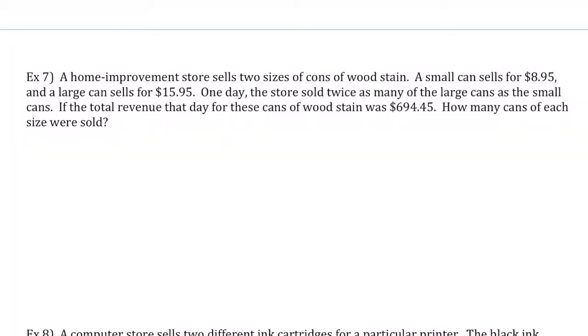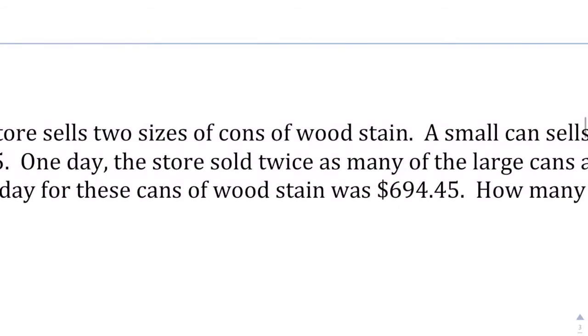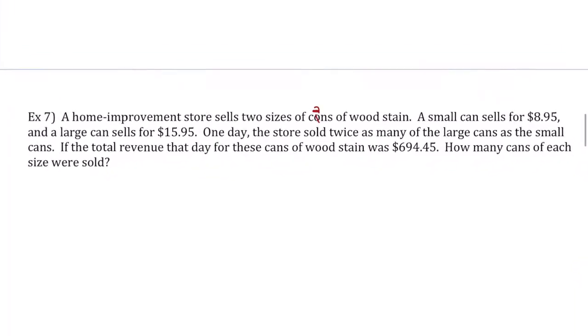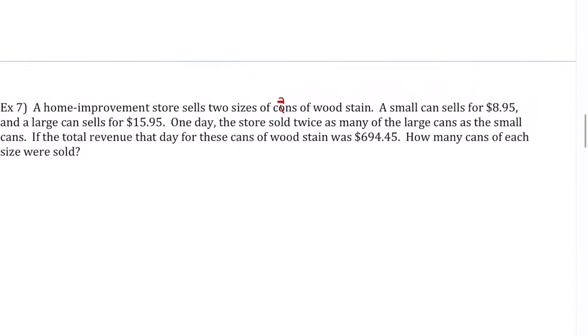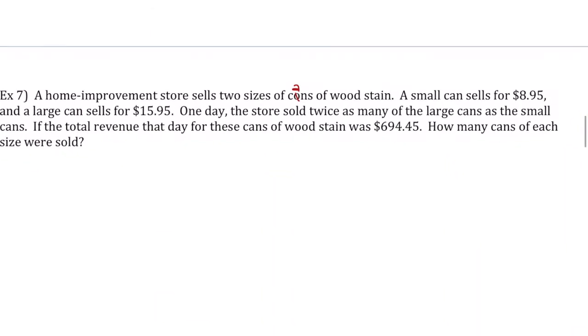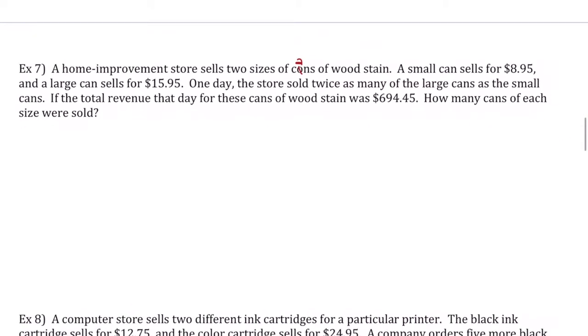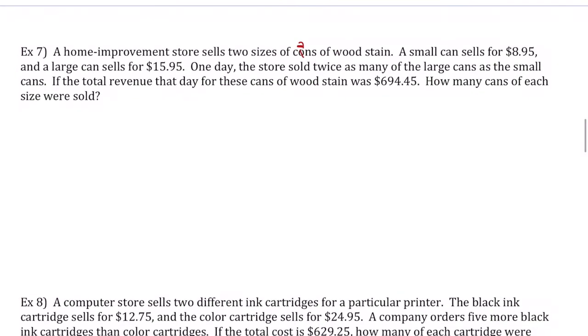Example 7 says a home improvement store sells 2 sizes of cans of wood stain. A small can sells for $8.95, and a large can sells for $15.95.